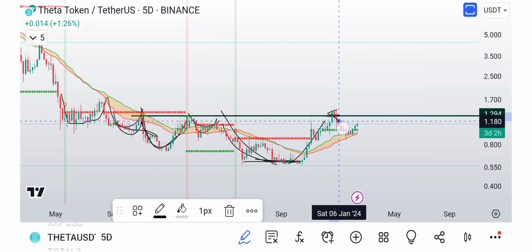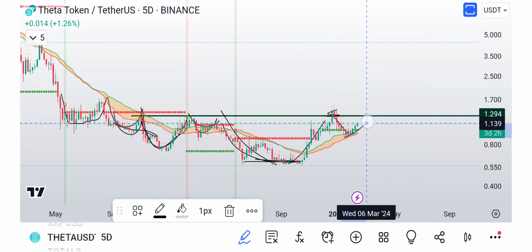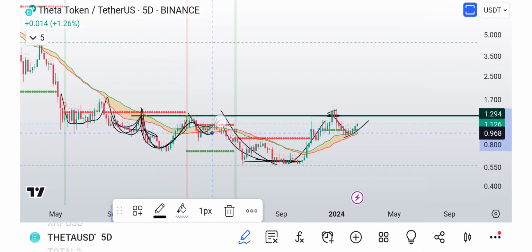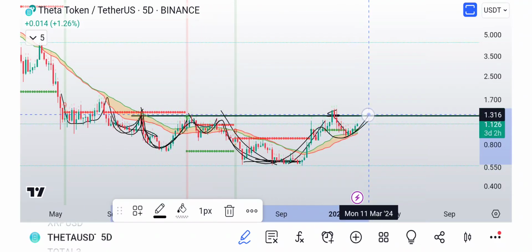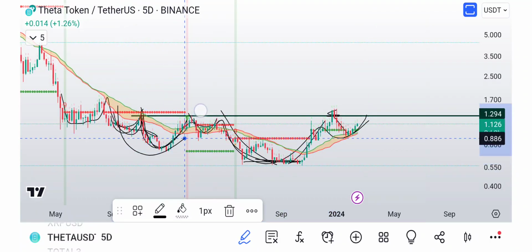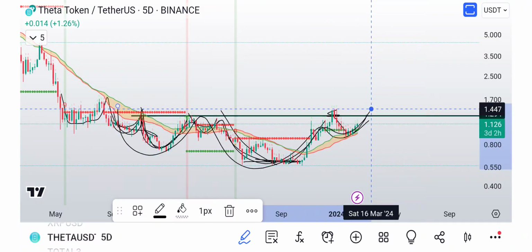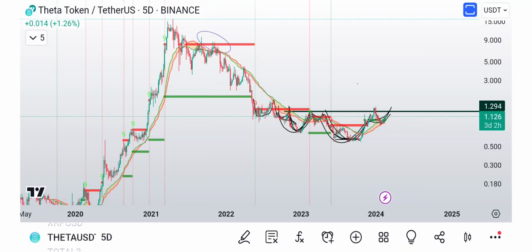And now the price is pulling back, and now it's starting to come back up. So what that is doing is it's creating what? Shoulder, head, shoulder, inverse head and shoulders. So that's a lot of reasons to be bullish. And I'm not even finished yet.